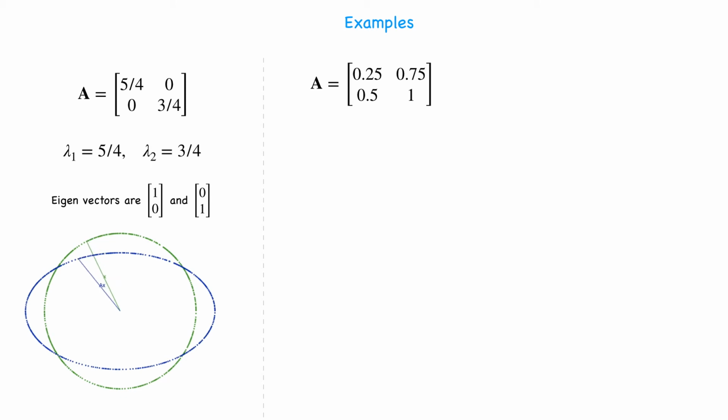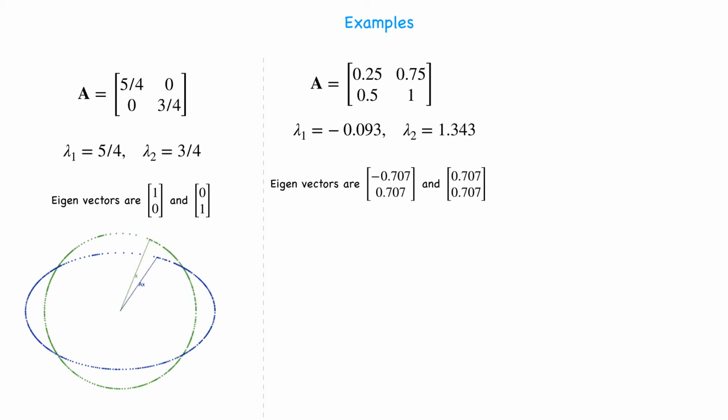The second example is as shown here. Here λ1 is negative and λ2 is positive, and λ2 is bigger than λ1. The eigenvectors are [−1/√2, 1/√2] for the first, and [1/√2, 1/√2] for the second.